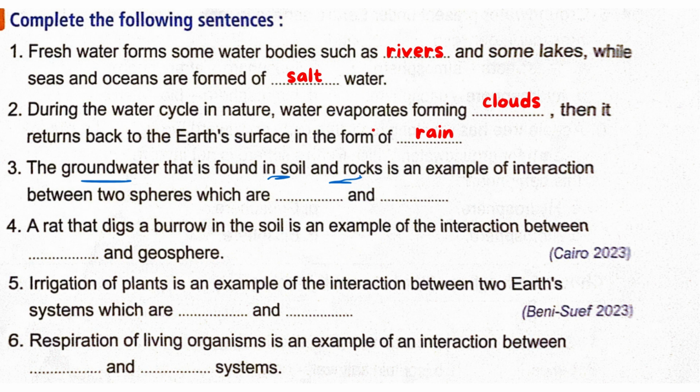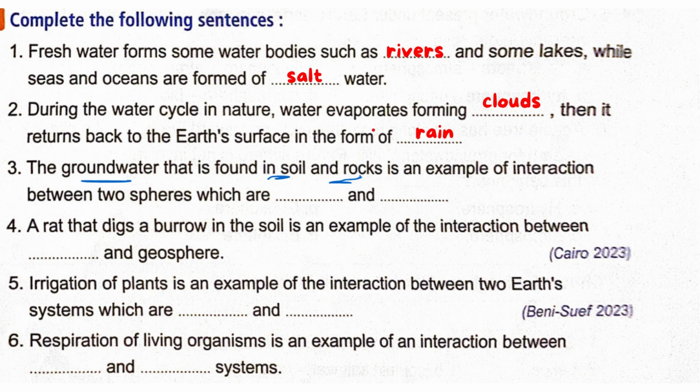Let's go to the third question we have. The groundwater that is found in soil and rocks is an example of interaction between two spheres. Which are those two spheres? First we have groundwater, and this is hydrosphere. It belongs to the hydrosphere.